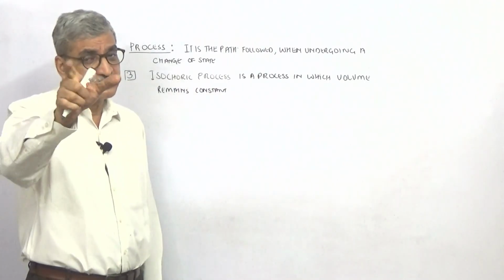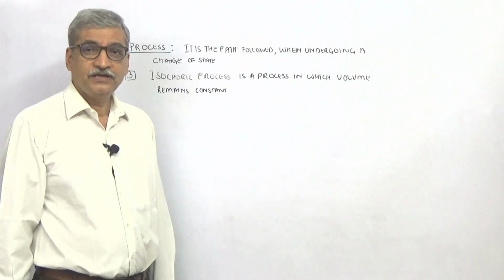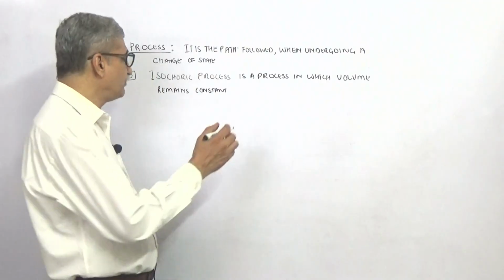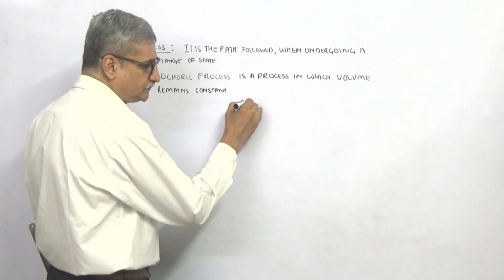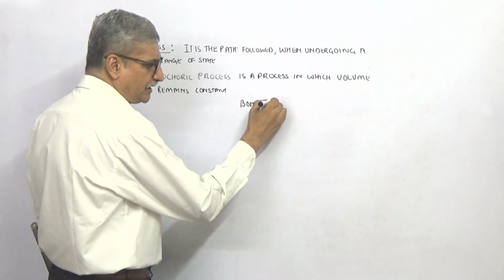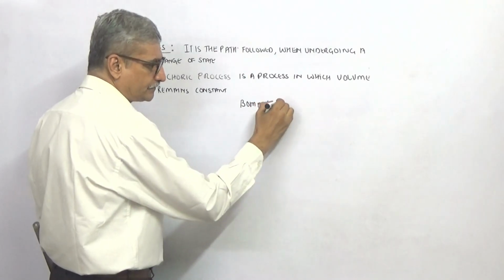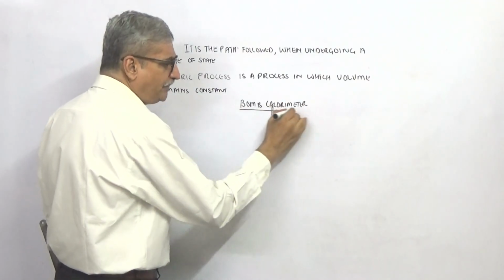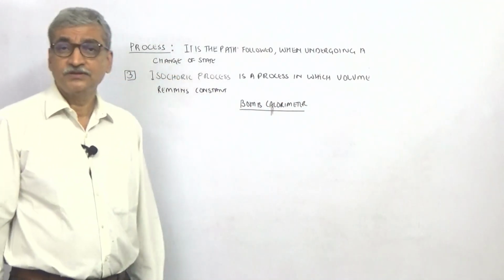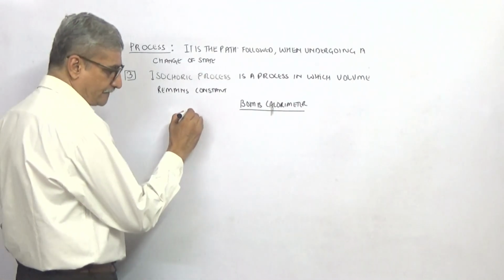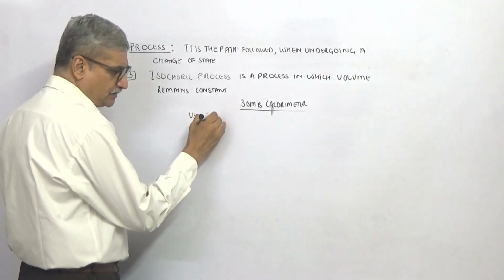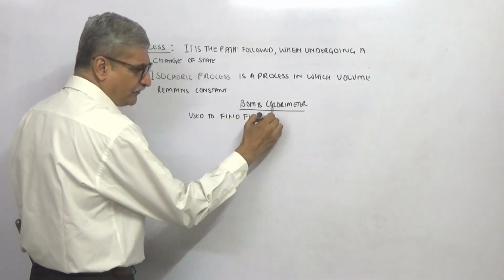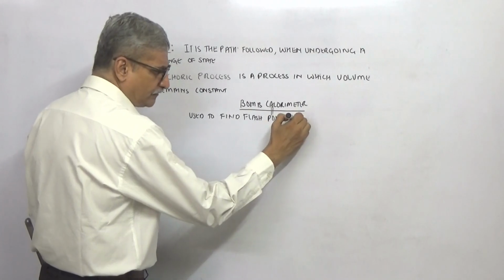But if they just twist it, and instead of saying constant volume, they put the words bomb calorimeter, you will have trouble. So what is this bomb calorimeter? A bomb calorimeter generally is used to find the flash point of a fuel.